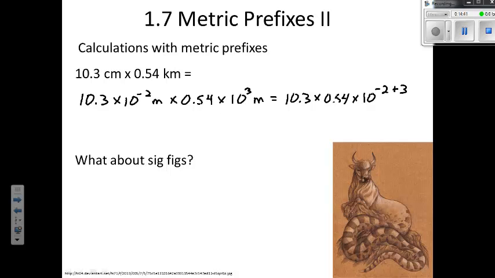And what you have to remember, you also have to multiply the units, because this is multiplication, so it's like finding the area of a rectangle that has sides, one side of 10.3 centimeters, the other side of 0.54 kilometers. It's kind of a large rectangle. But you're going to have to multiply the units together, right? So it becomes meters squared.